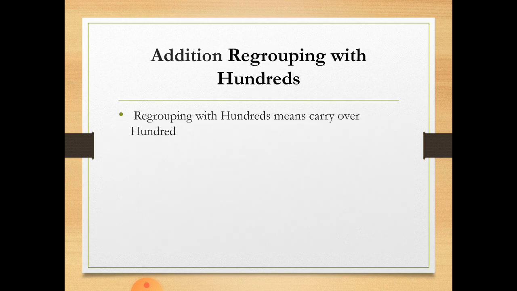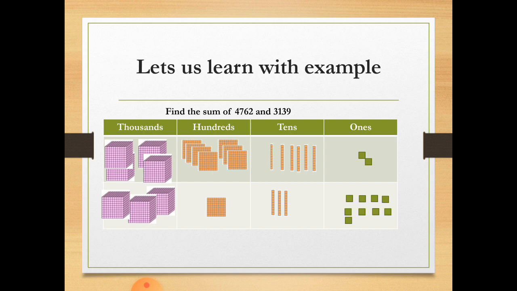Addition regrouping with hundreds. Regrouping with hundreds means carry over 100. Let us learn with an example. Find the sum of 4,762 and 3,139.